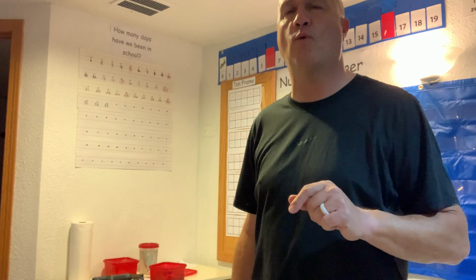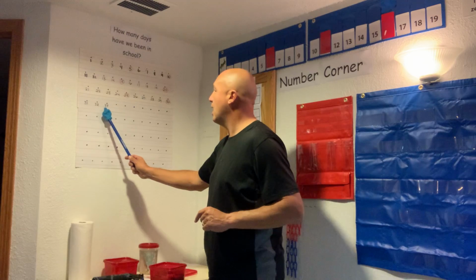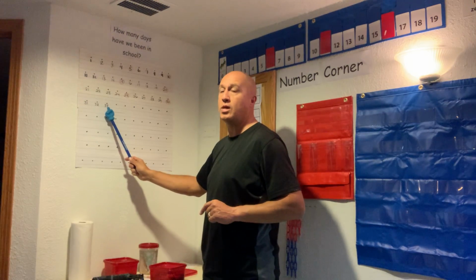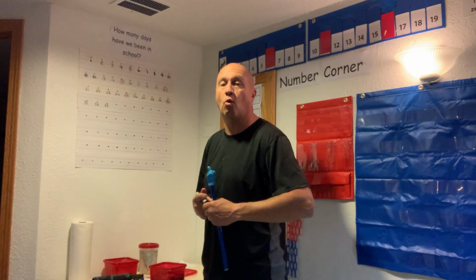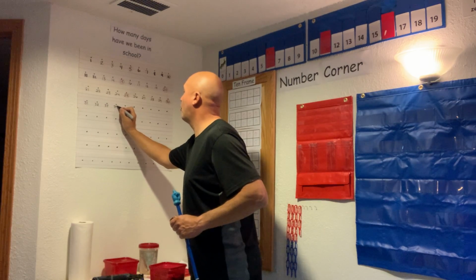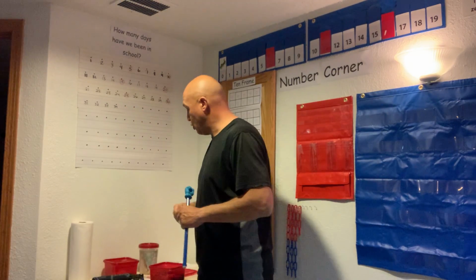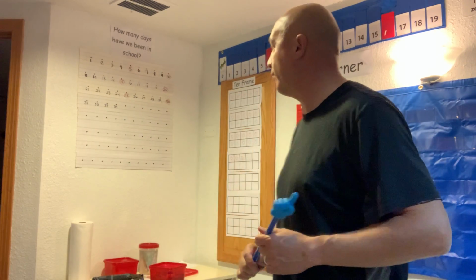Now, what will 34 look like? If 33 has a 3 and a 3, what will 34 look like? Did you say 3 and 4? If you did, you're correct. 34. So boys and girls, you are 34 days smarter in kindergarten and you're getting closer to first grade.